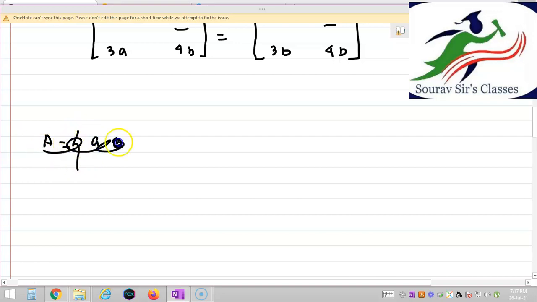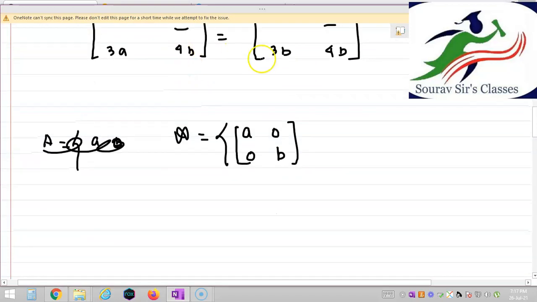So script A is equal to the matrices a, 0, 0, b such that AB is equal to BA. We observe that AB is equal to BA, these matrices are same, if and only if a is equal to b.